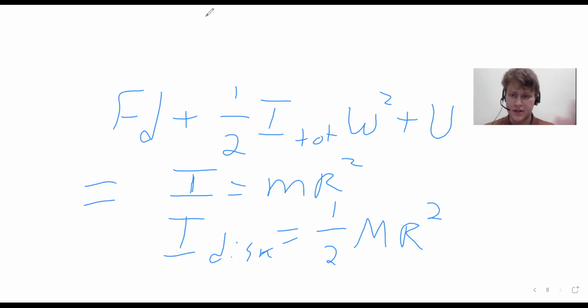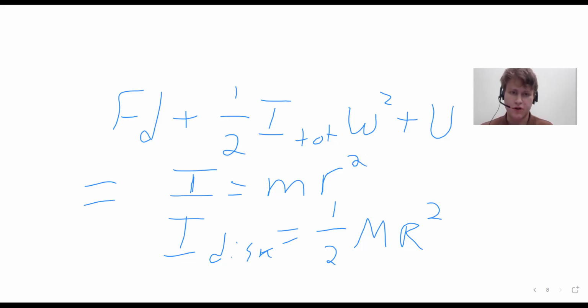Though I should clarify something here. I'll use the variable r just to express the distance from some center of rotation.